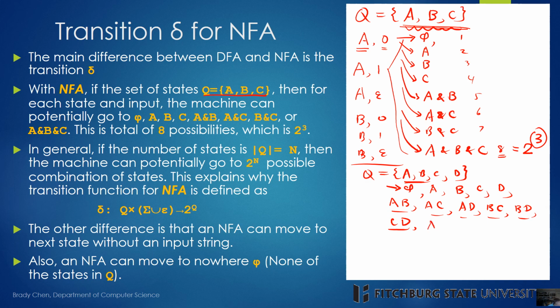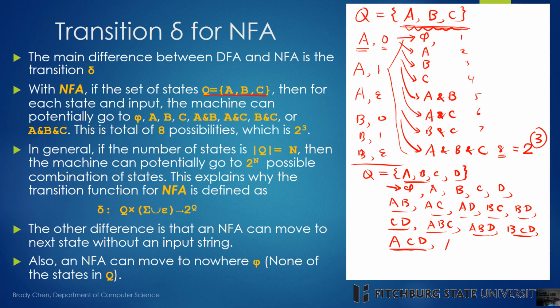And then we have A B C, A B D, and B C D, and A C D. I hope I include everything. And that's all the possible 3 state combinations.